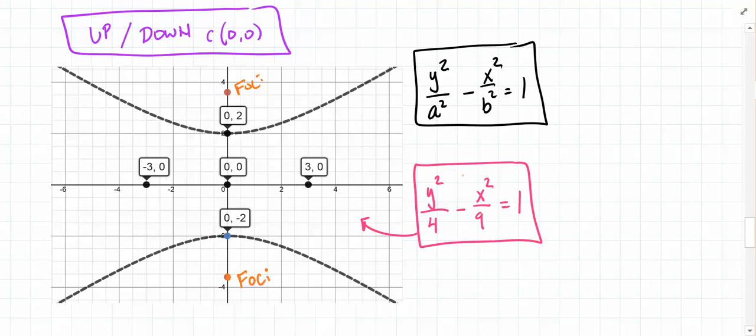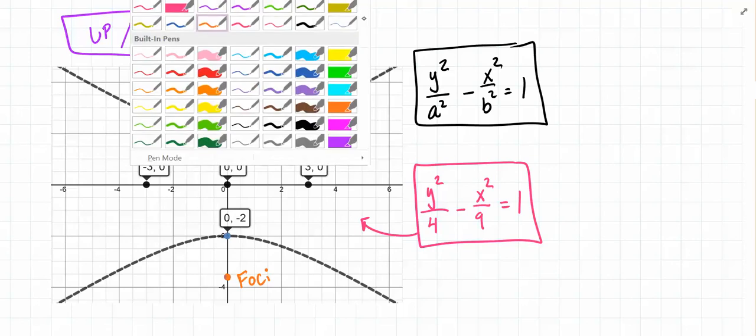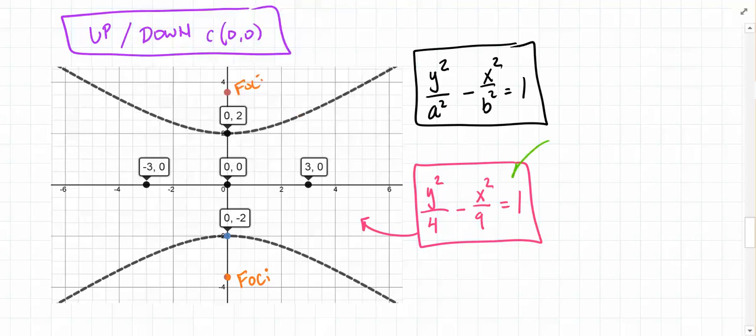So this particular equation is y squared over 4 minus x squared over 9 equals 1. So a few things that I would point out just from looking at this equation. First, I realize there's a minus sign between them, so I know it's going to be a hyperbola.